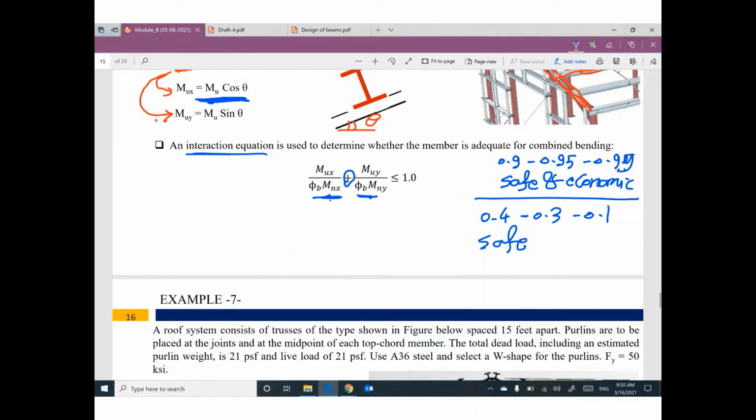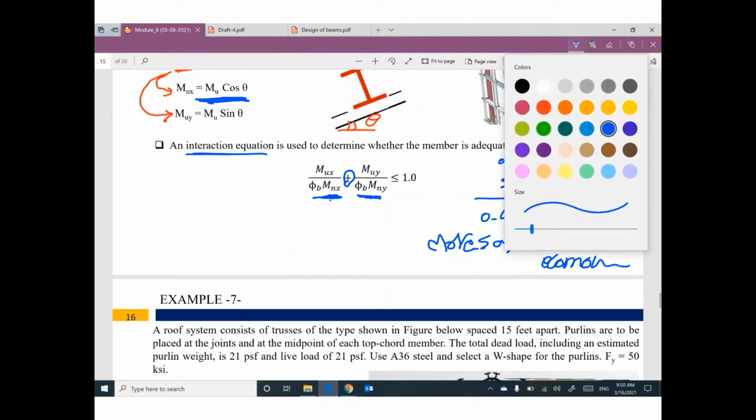I'm sorry, it will be more safe, but not economic. That means you are using a bigger cross section. You can make it smaller. We would like this term plus this term to be smaller than 1 to be safe, and very close to 1 to be economic. Okay, one more thing.